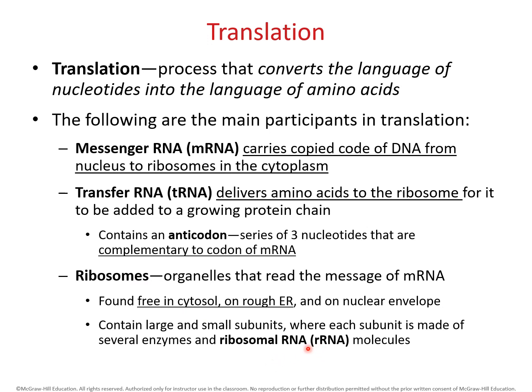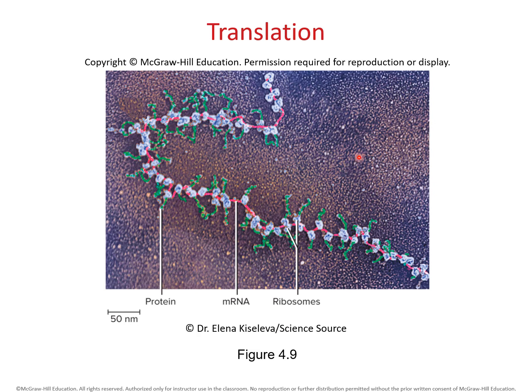Okay, and so what's going to happen is ribosomal RNA will also be reading this message from RNA. Here is a graphic of what this might look like in terms of what's what. If you look at the red line or the pink line, that is an mRNA molecule.